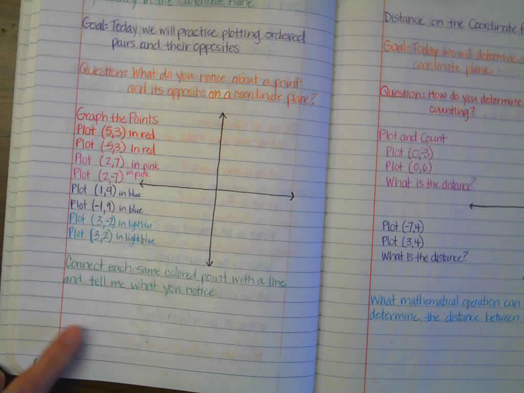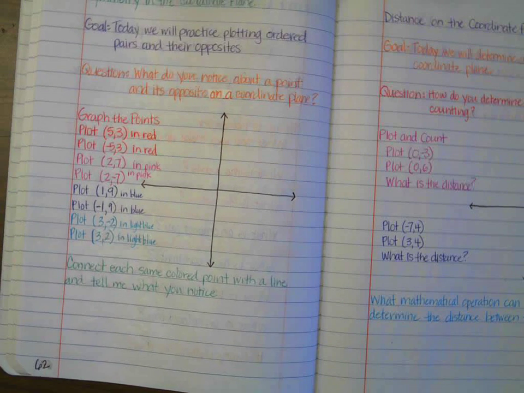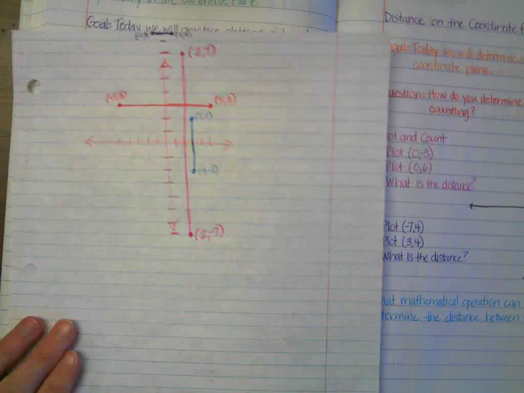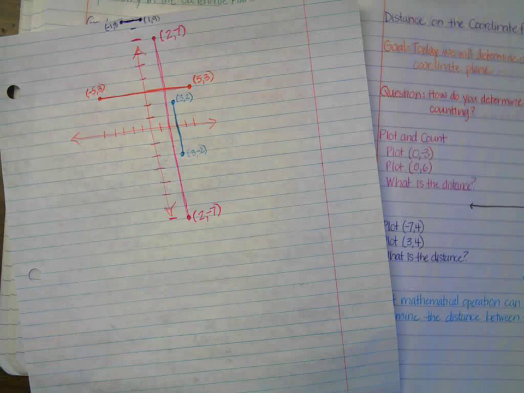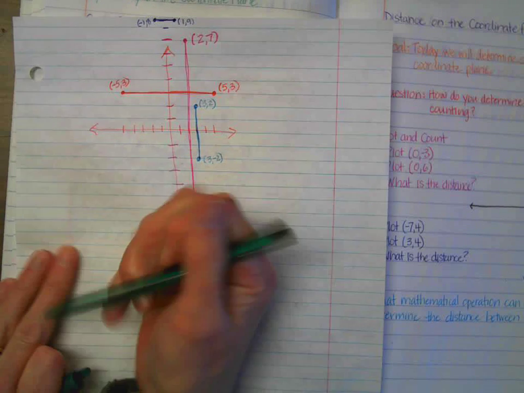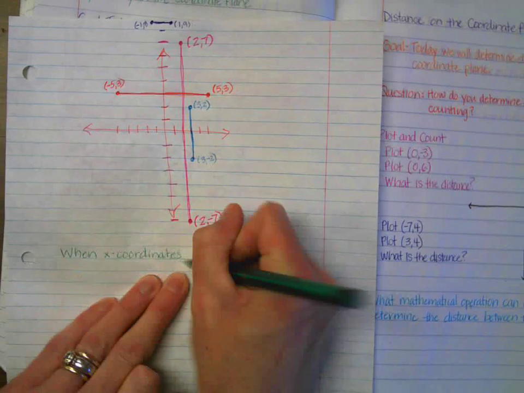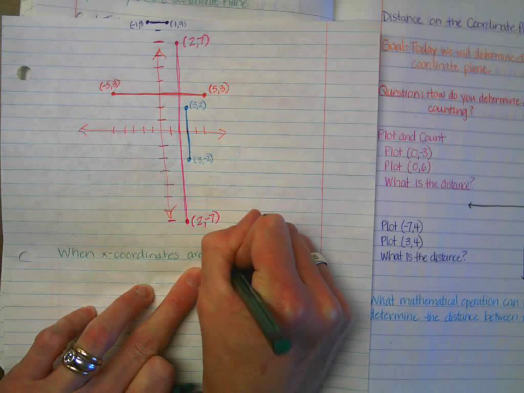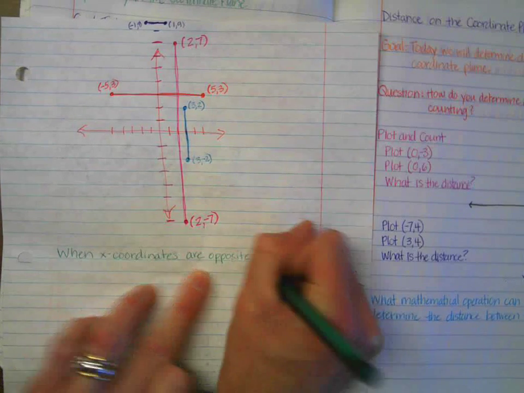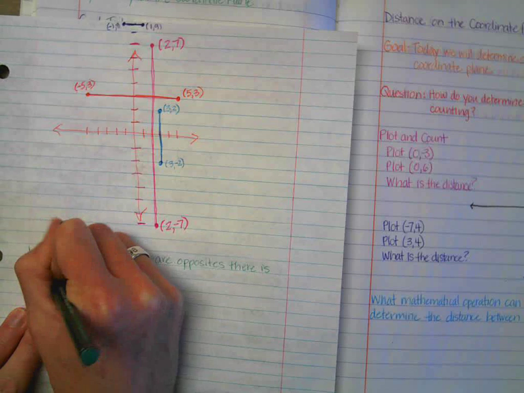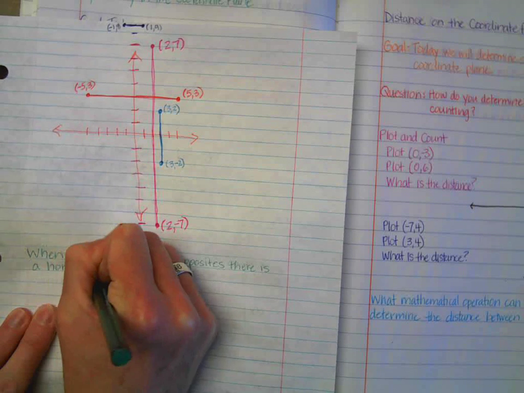I need you to write that down at the bottom, where there's room, because it says connect each same colored point with a line and tell me what you notice. Let's write what we just said. We know that when x coordinates are opposites, there is a horizontal line.